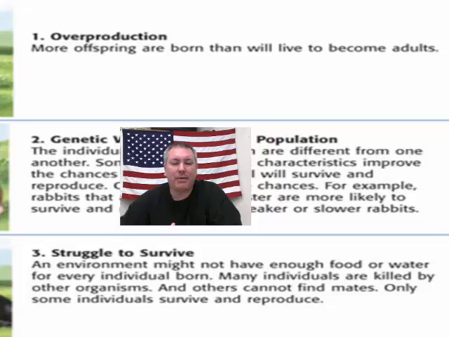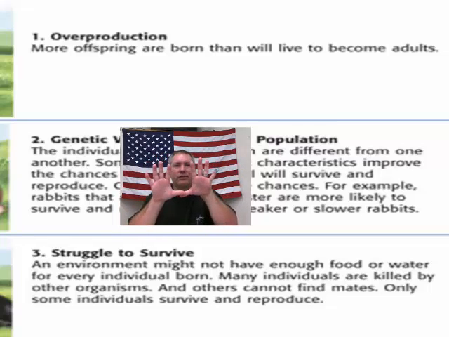Then you have the struggle to survive, which is the third step. It says an environment might not have enough food or water for every individual born, meaning individuals are killed by other organisms and others cannot find mates. Only some individuals survive and reproduce. Again, let's say you had a whole bunch born, say 10. Several died off because they were weak or slower, so there's only 5 left.